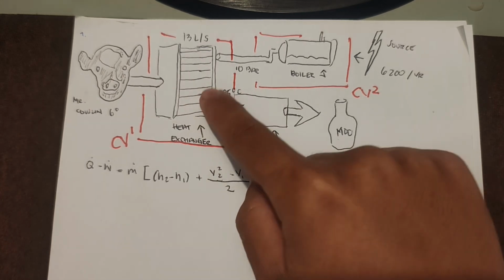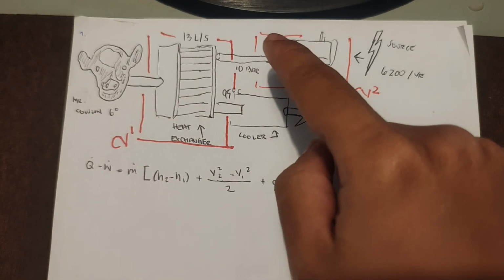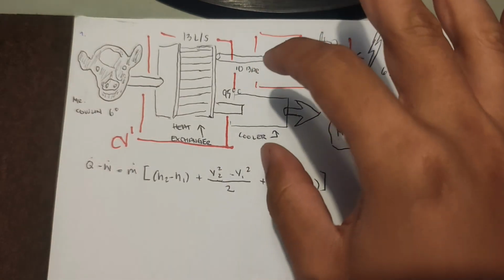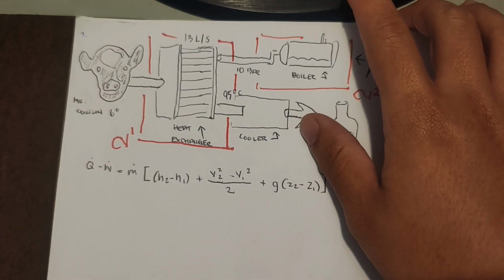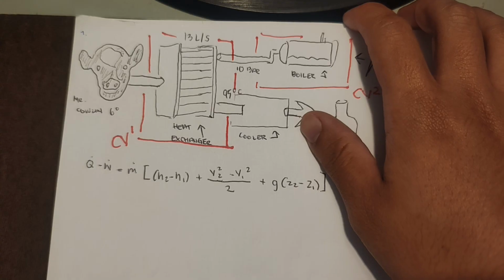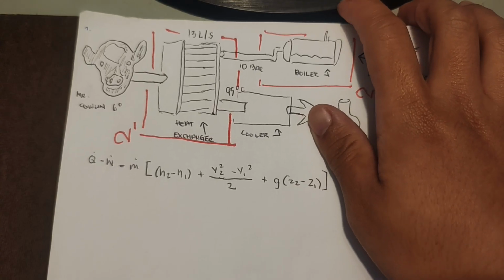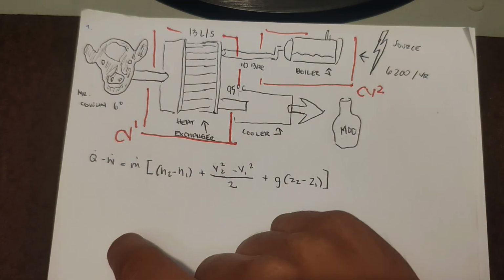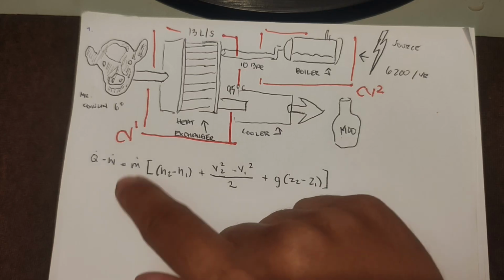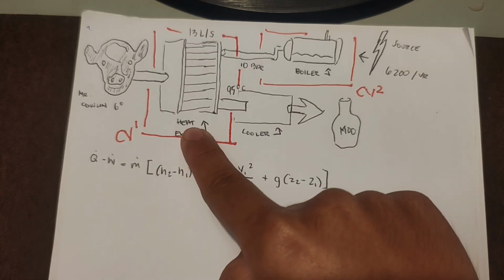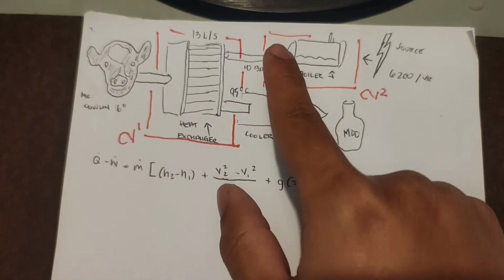So more volume means it's gonna take more time to increase its temperature, and that's not very convenient to our milk pasteurizers, if that's what you call them. So I have separated them into CV1 and CV2. Let's explain this one.